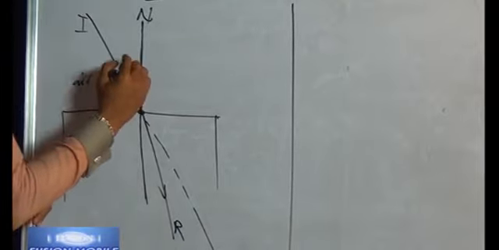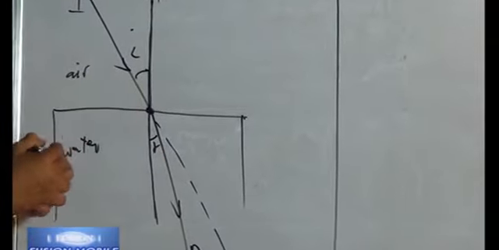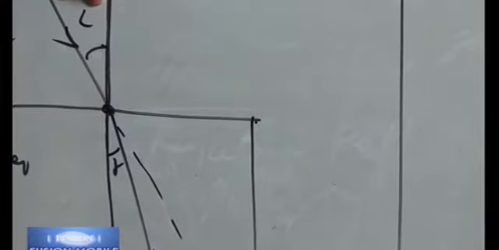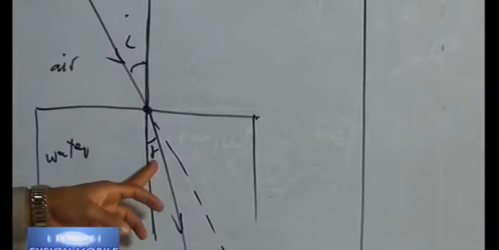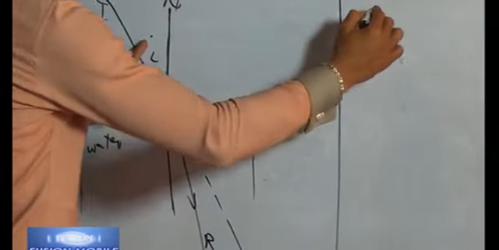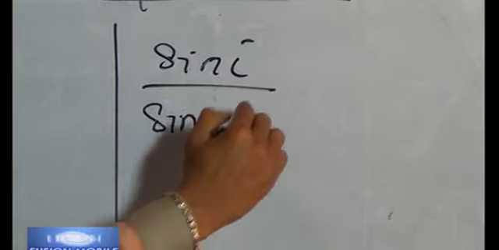While the second law says that if this is the angle of incidence I, and here is the angle of refraction R, then the sine of the angle of incidence to the sine of the angle of refraction is equal to a constant. That means the ratio of sine I to sine R is equal to a constant.